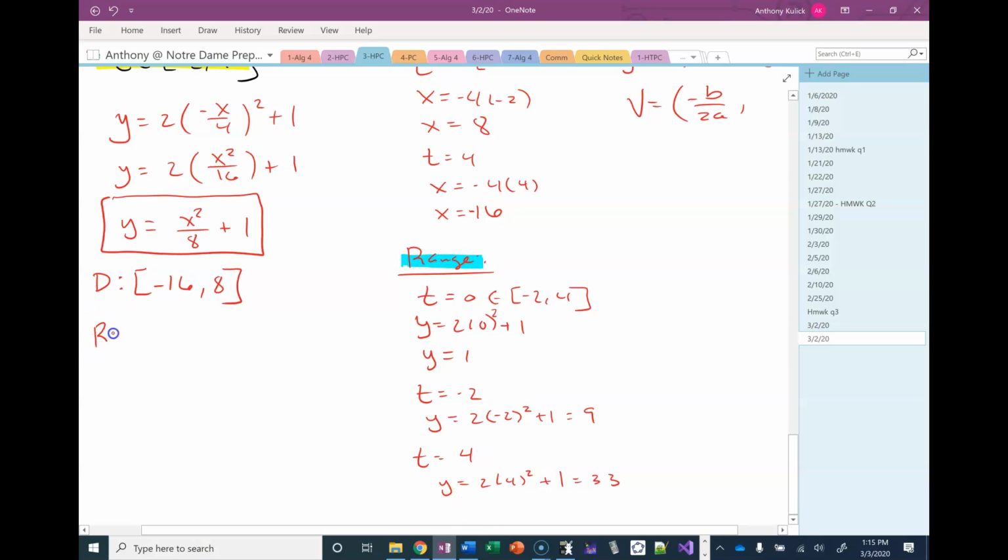So what is my range going to be? If I look at these three values, what's the smallest one? 1. And what's the biggest one? 33. So my range is just 1 to 33.